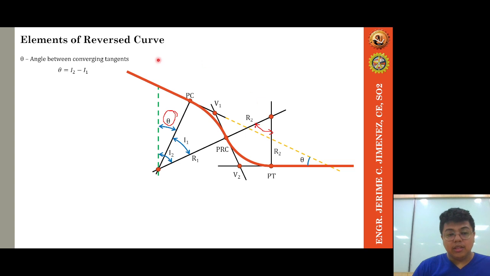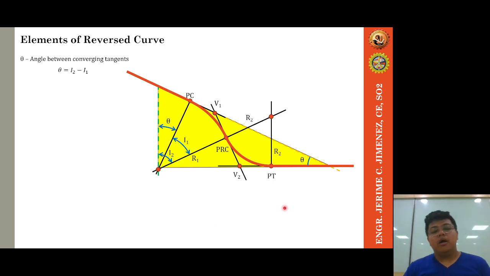And this is also crucial sa mga problems na makakabuo ka ng right triangle. So, this is only applicable sa converging tangents. Kay theta din, malalaman nyo kung ang problem ba natin, say for example, ay hindi sinabi na parallel tangent siya or converging tangent siya.